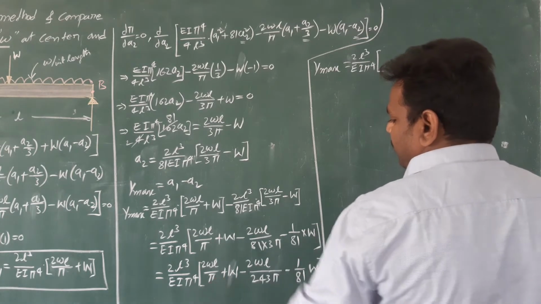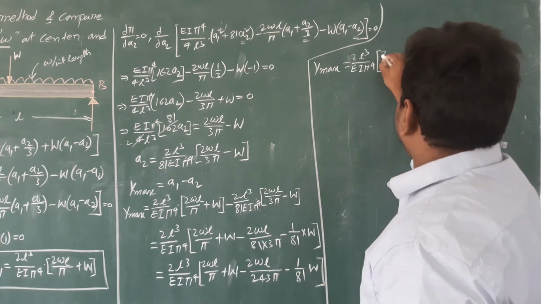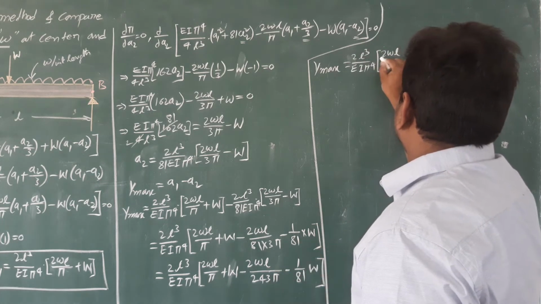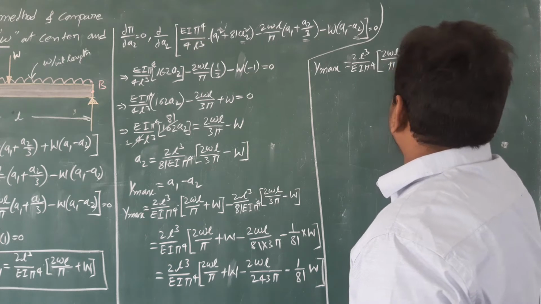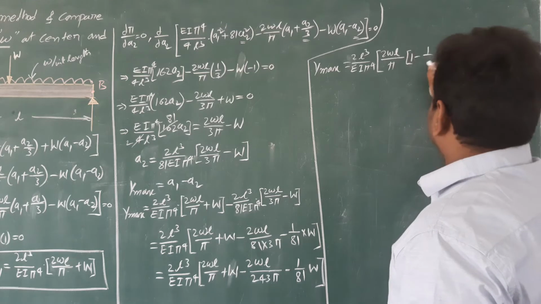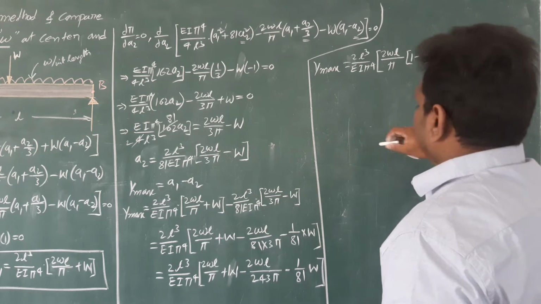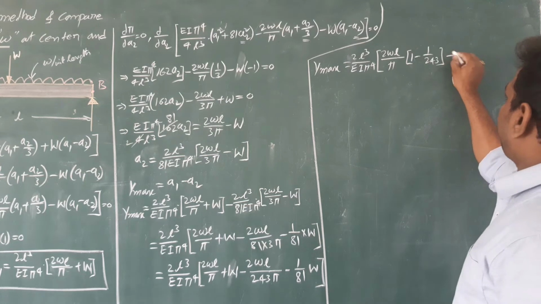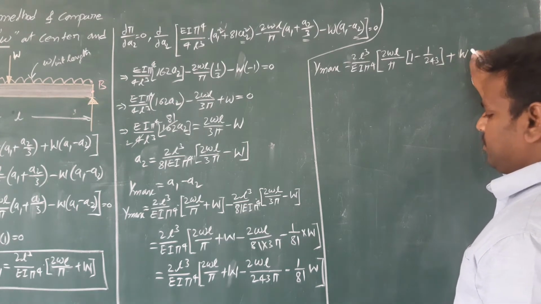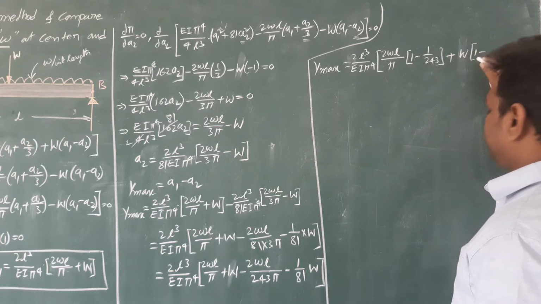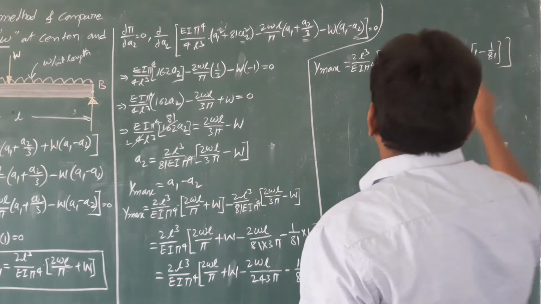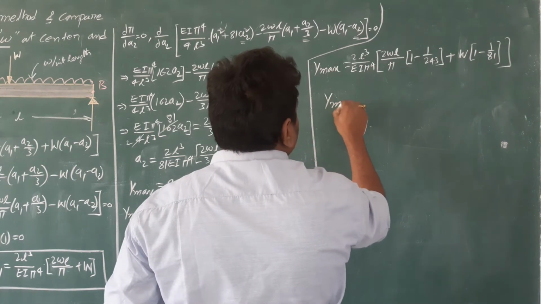I am taking these two terms only. 2WL is common, 3 pi is also common, pi also common. So remaining is 1 minus 1 by 243. Next, here I am taking capital W outside: 1 minus 1 by 81. So finally we got Y max.